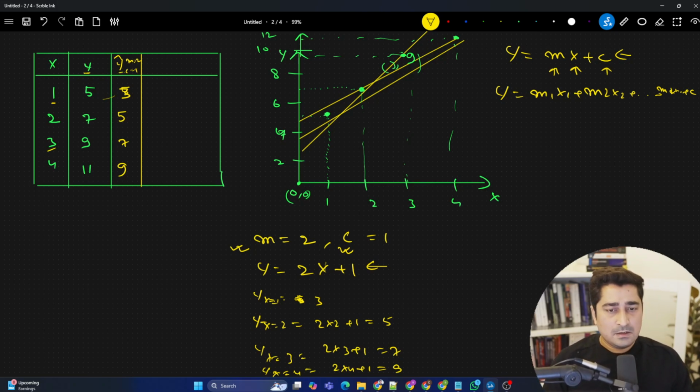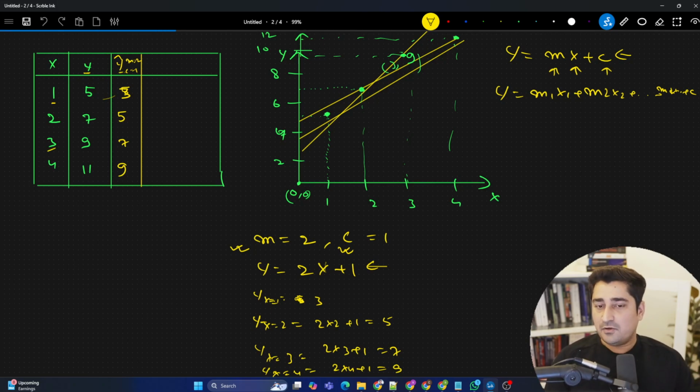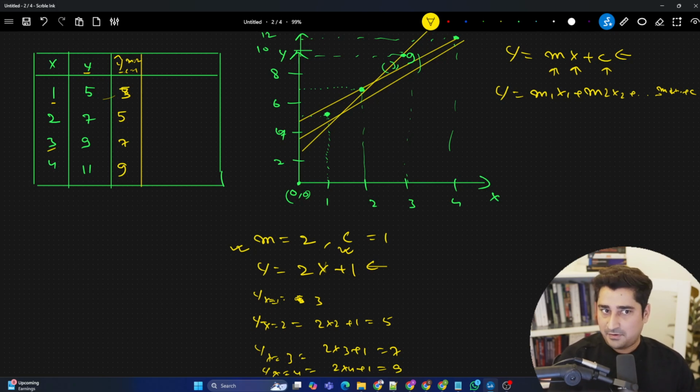So what will we do in that situation, if we are not able to think about an actual value of m and c which should be relevant with respect to my data set? What should I do in that situation? Any idea, guys? Any thought?